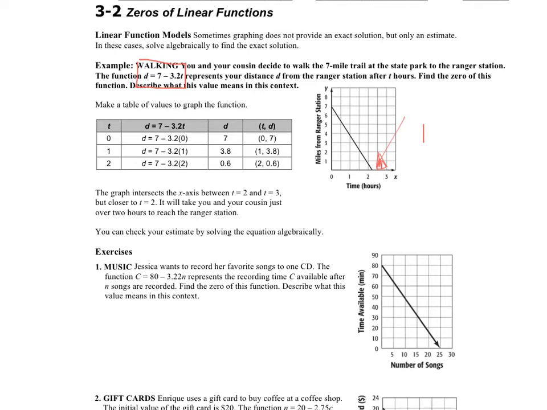Well, all I want you to do is let's take this equation, D equals 7 minus 3.2 t, and let's think about what we would do if we were going to solve that equation. Remember, from our table, maybe this will help us make a little bit of sense. We've got to kind of think backwards.